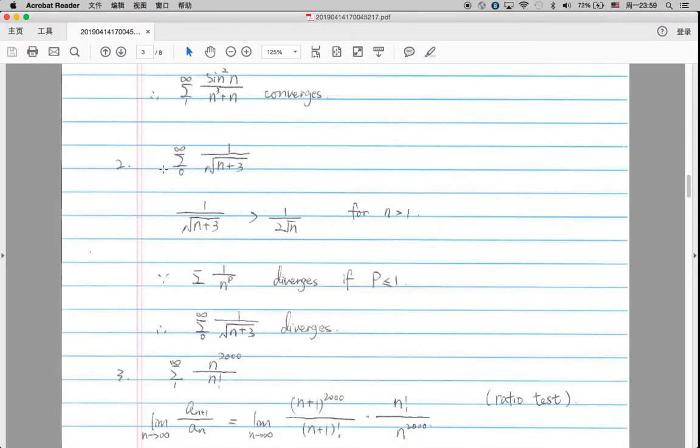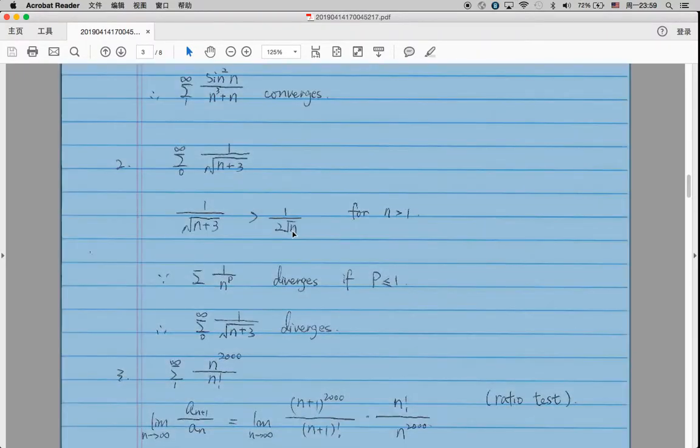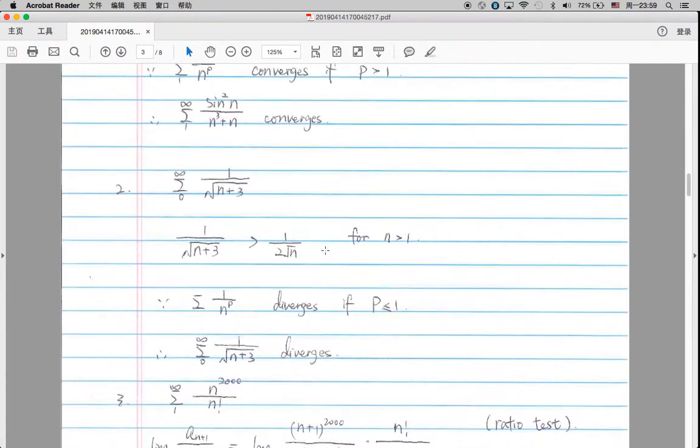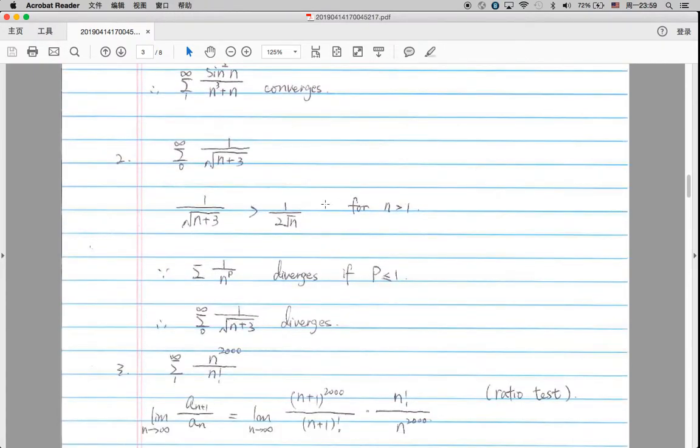So now let's take a look at the second example, where we use the same property to check for convergence. In this case, we find a p series that is n to the power of one half, that is square root of n in the denominator.